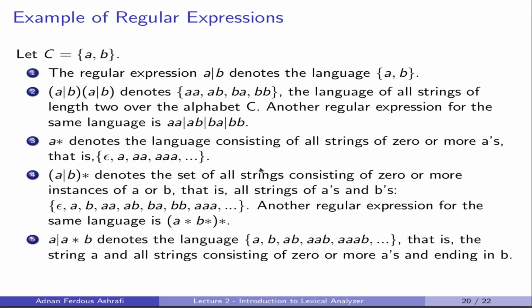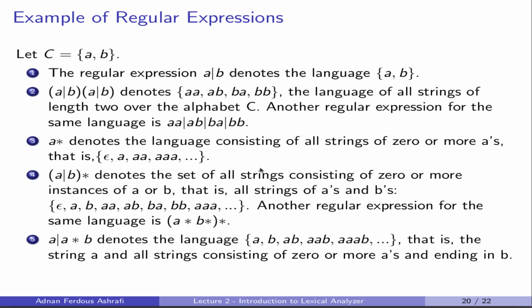Okay, all right. So now we will see one example of regular expression. Suppose we have Σ equals to {a, b}. This is my alphabet a, b. All right. So now if this is my alphabet, in that case the regular expression আমি যদি একটা regular expression তৈরি করি a|b, then it denotes the language {a, b}. কেন?